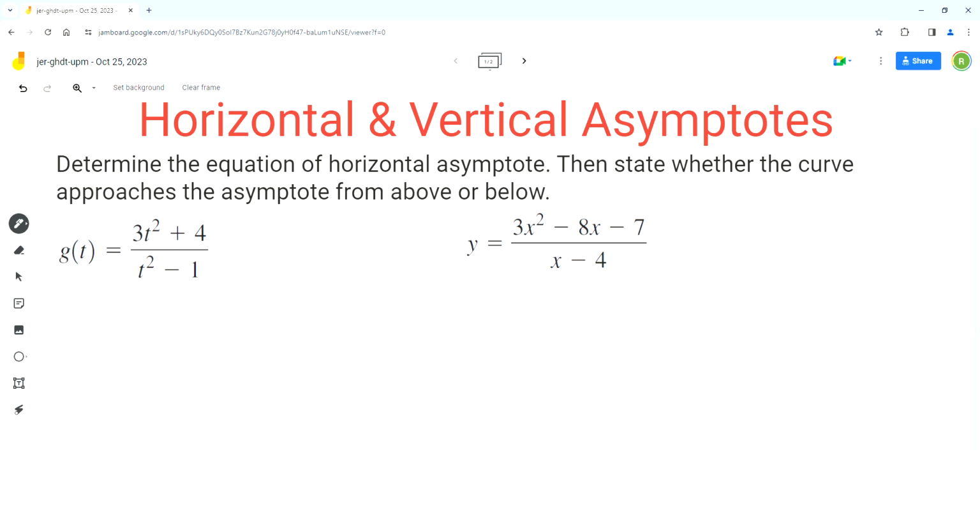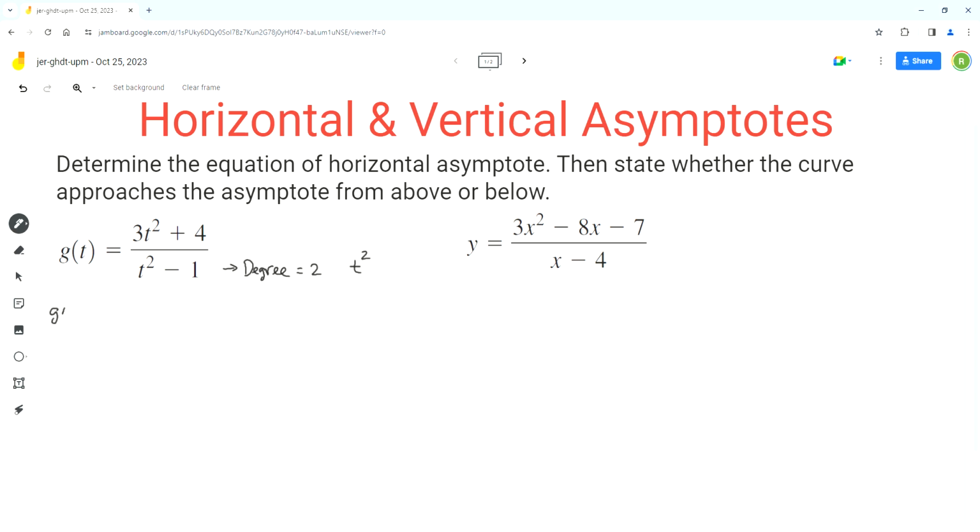The degree of the denominator is equal to 2 because that's the highest power on the variable. So we have to divide each term in this rational function by t to the power of the degree of the denominator, that is t squared.